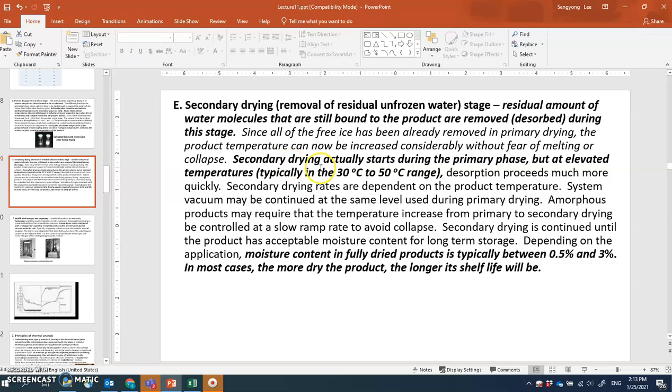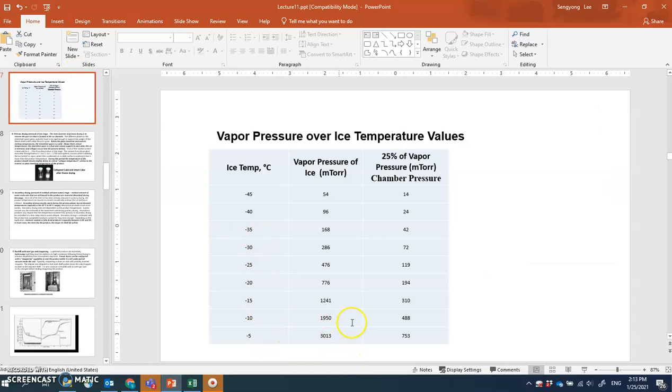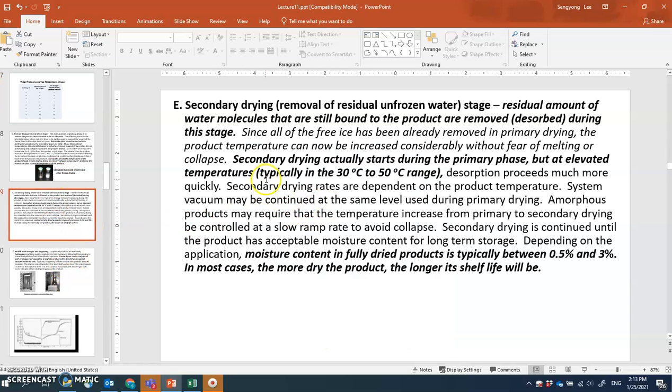Secondary drying actually starts during the primary phase, but at an elevated temperature. You saw that if you elevate the temperature, you get higher vapor pressure, so you can pull more water vapor out from your drug. That's how you can do the secondary drying, right? So that's what happens.